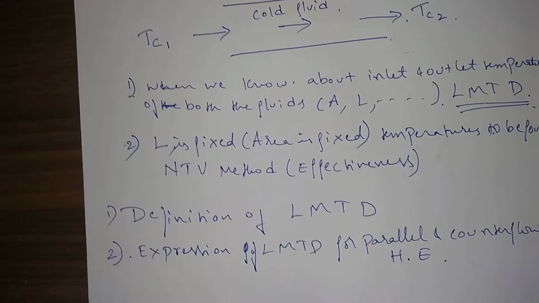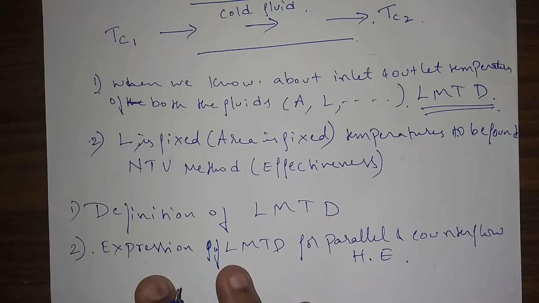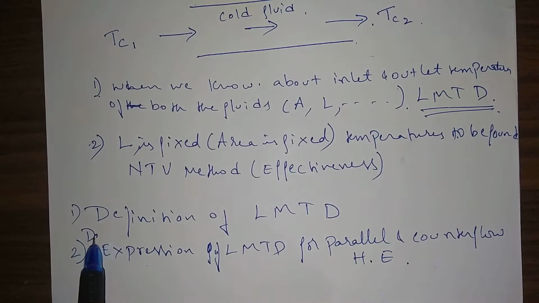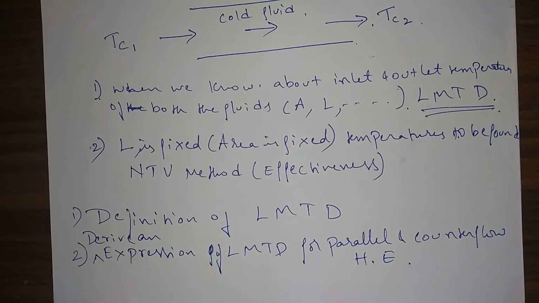So if we know how to define LMTD, and if we know how to derive an expression, please make a correction here: derive an expression of LMTD for parallel and counterflow heat exchanger.